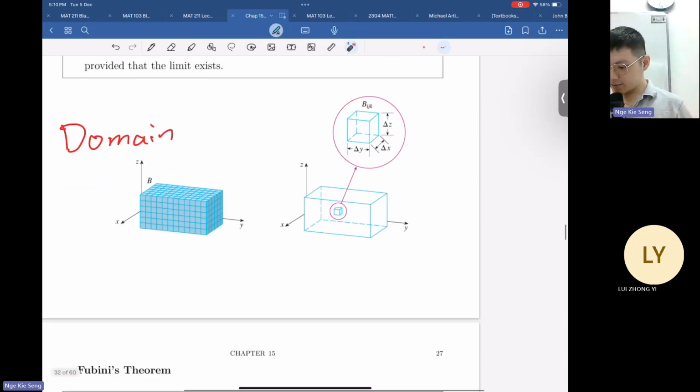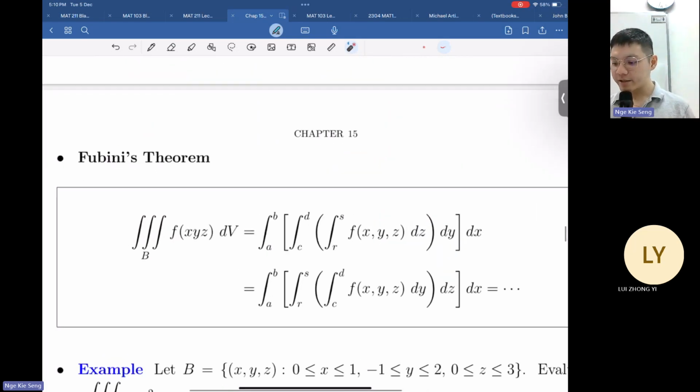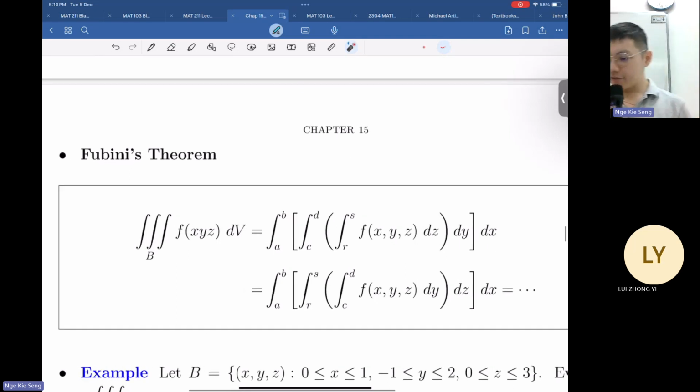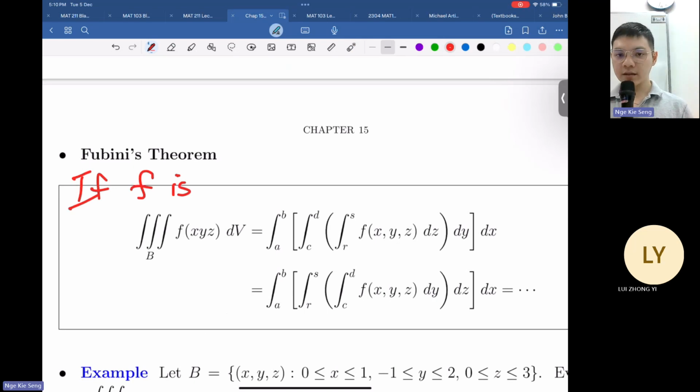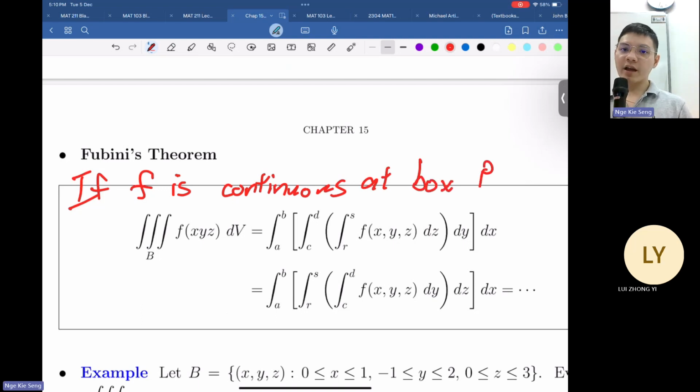Similarly we will have Fubini's theorem here. If your f is continuous on the box B, we can do Fubini as well. Fubini says we can do the iterated integral, and no matter how you do the order, they give you the same answer.